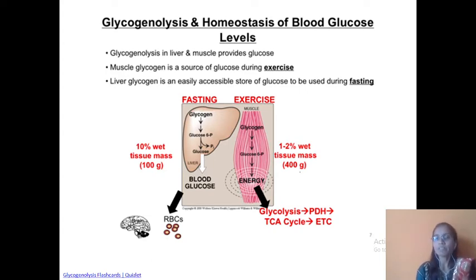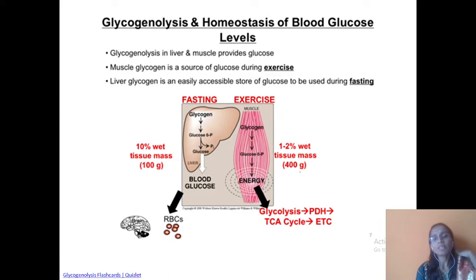We have already studied that whenever there is a demand for energy, in the form of ATP, that ATP is produced by the process of glycolysis, the Krebs cycle, and oxidative phosphorylation, where the products NADH and FADH2 also give ATPs, but they have to be transported to the electron transport chain. So glycogenolysis plays a very important role in maintaining the blood glucose level.